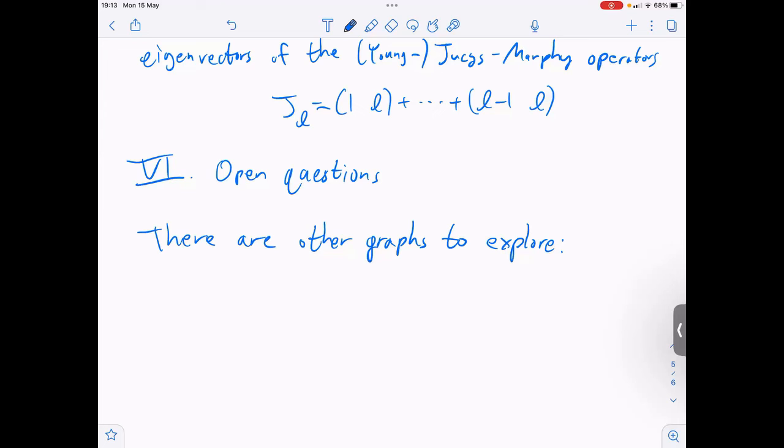Okay, and here are two examples. So one example is the Grassmann graph. And the other one is the derangement graph.